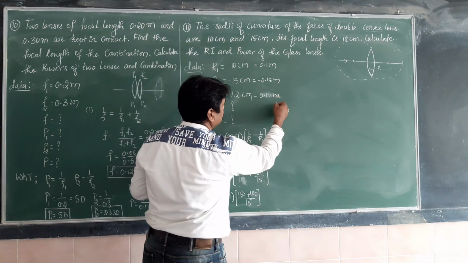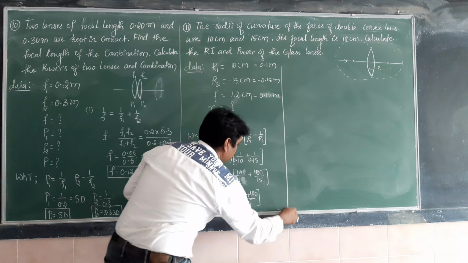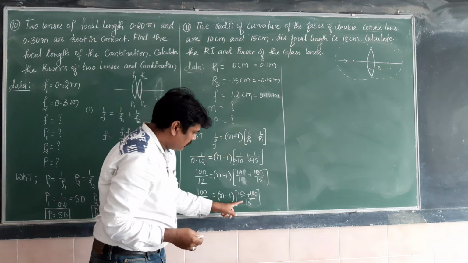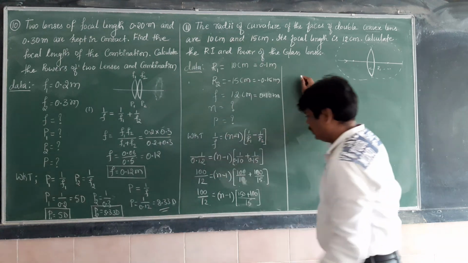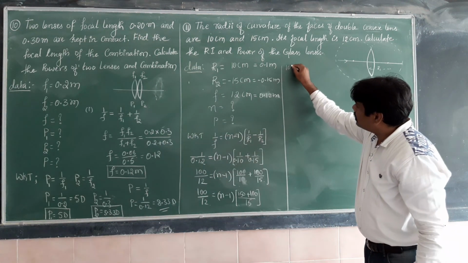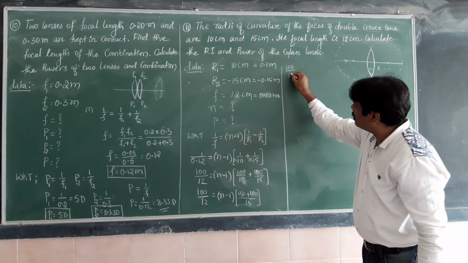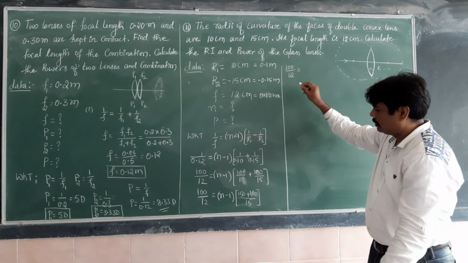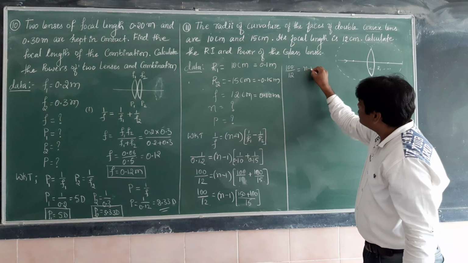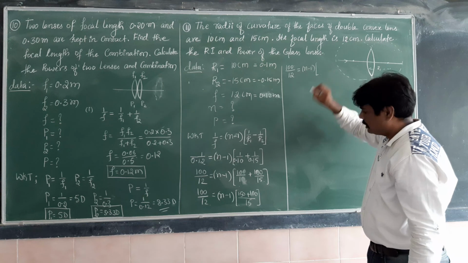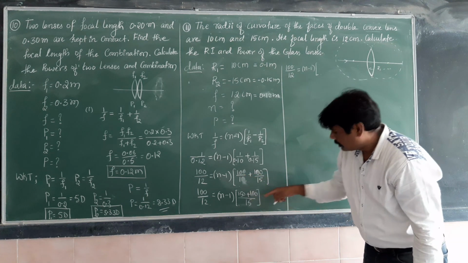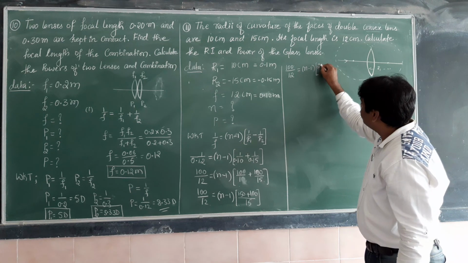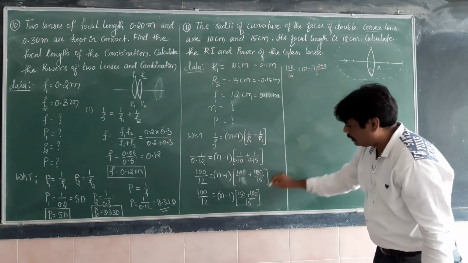Now we take the simplification in the next step. So 150 plus 100 is 250, and 100 divided by 12 is equal to n minus 1 of 250 divided by 15.